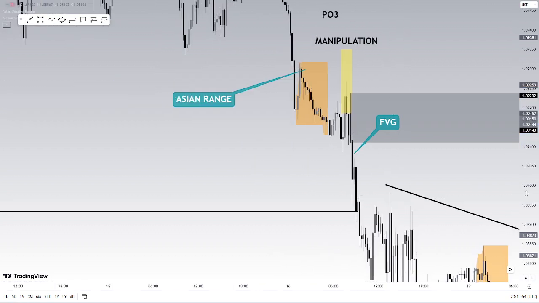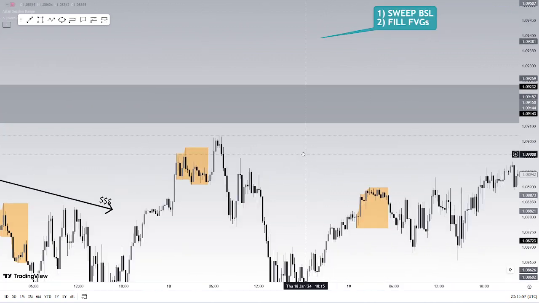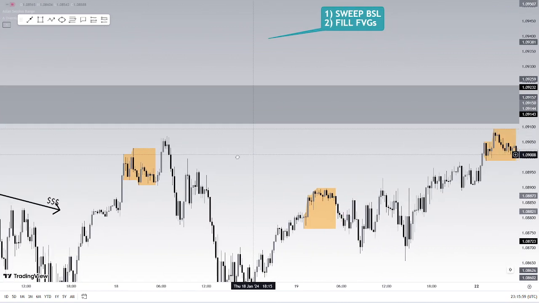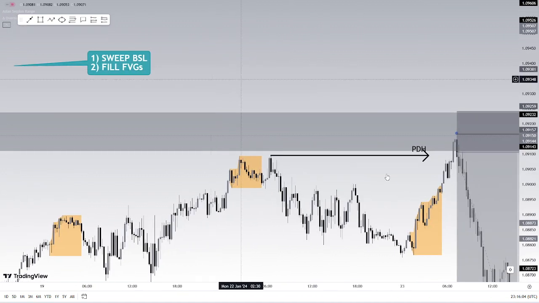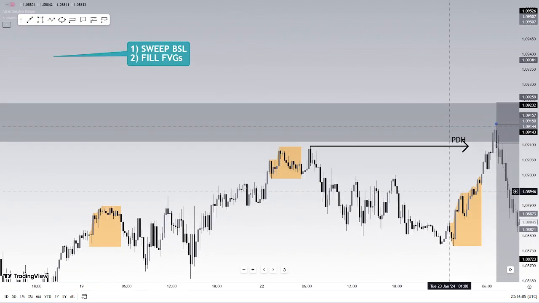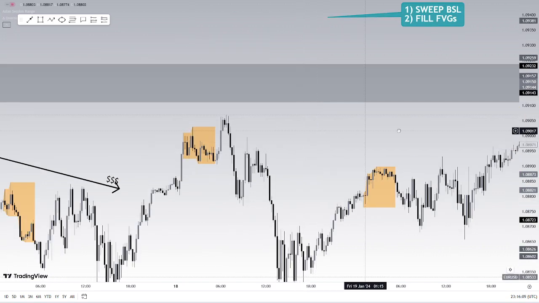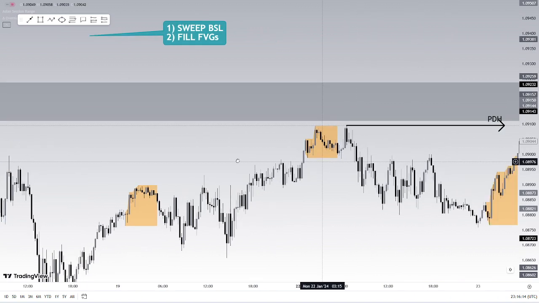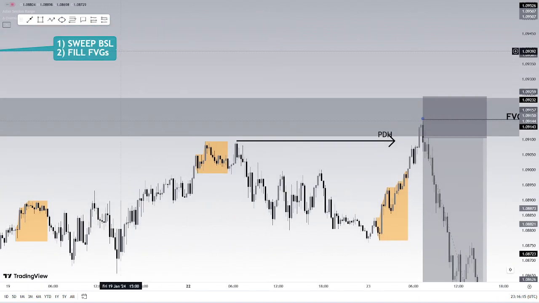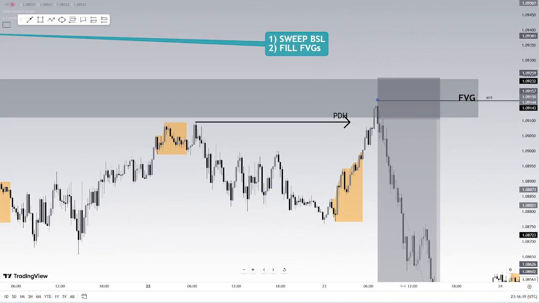The second thing price is going to do is engineer liquidity. And when price engineers liquidity, by definition, there are buy stops above it. So we have buy side liquidity to target. And we see that in the form of previous day highs and just generally trend line liquidity as well, and Asian high liquidity, right? Previous day high over here, previous day high over here. So all this buy side liquidity gets swept before we see price mitigate the fair value gap and head lower.